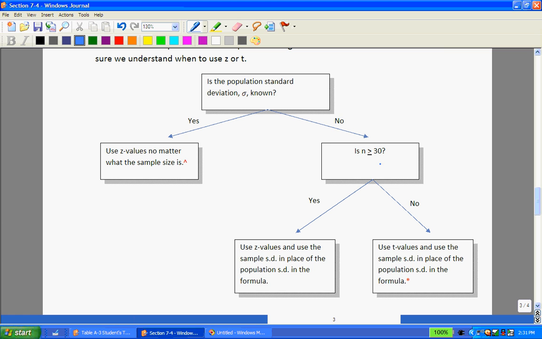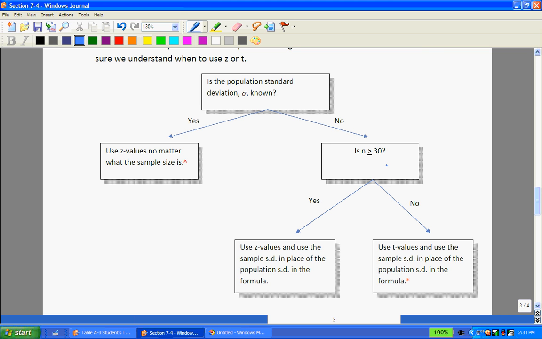Well, then you have to ask yourself a second question. Is the sample size equal to or larger than 30? If it is, then go ahead and use a z-value. So basically what this is saying is if the sample is sufficiently large, so more than 30, then you can use a z-value even if you don't know the population standard deviation.